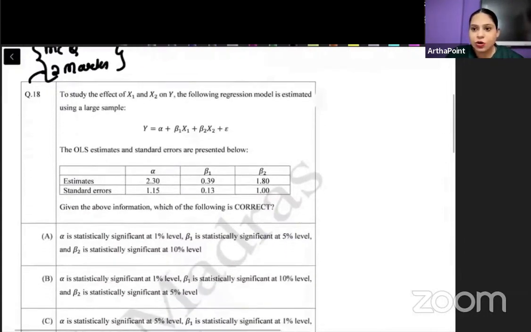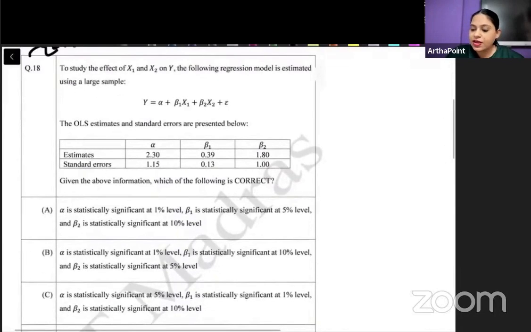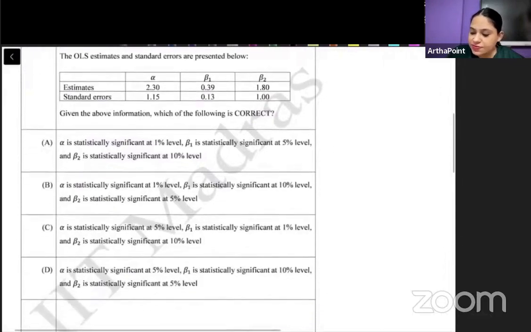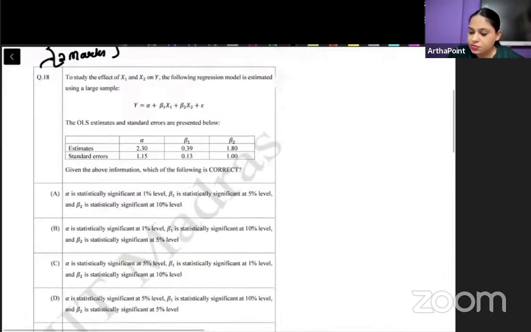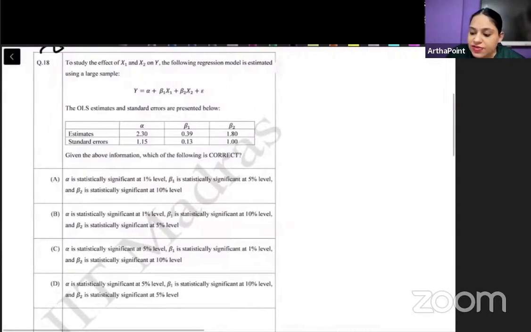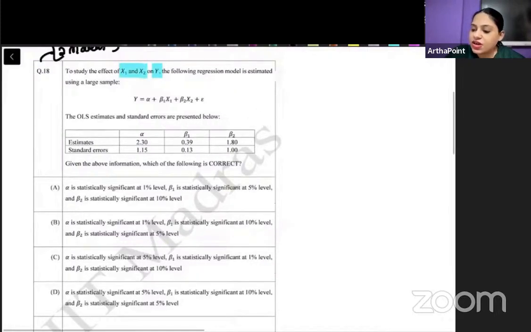We have done hypothesis testing already. First of all, try to read it. It says to study the effect of x1 and x2 on y. We are talking about a multiple regression model.